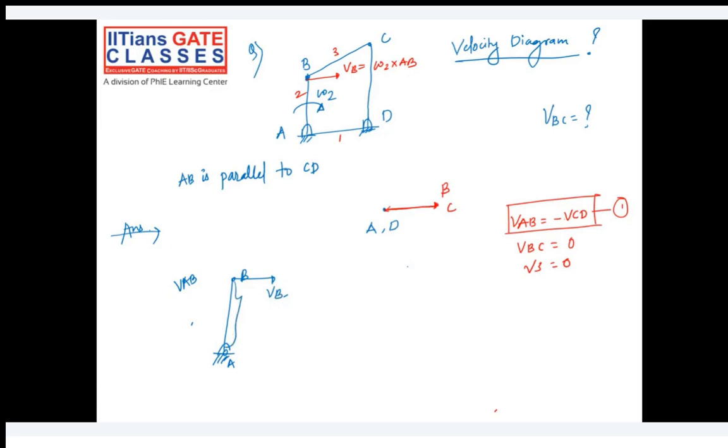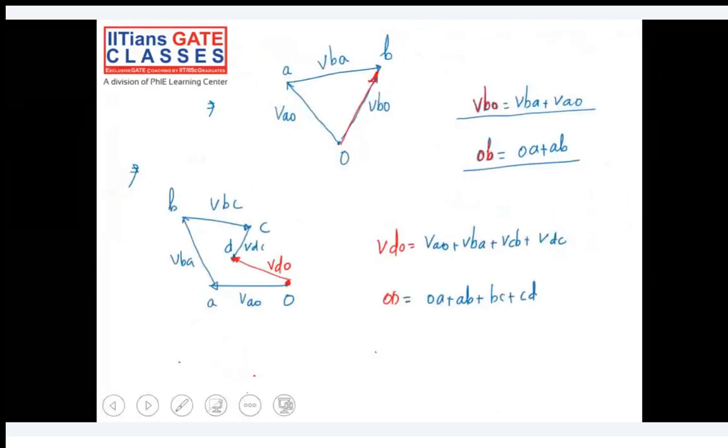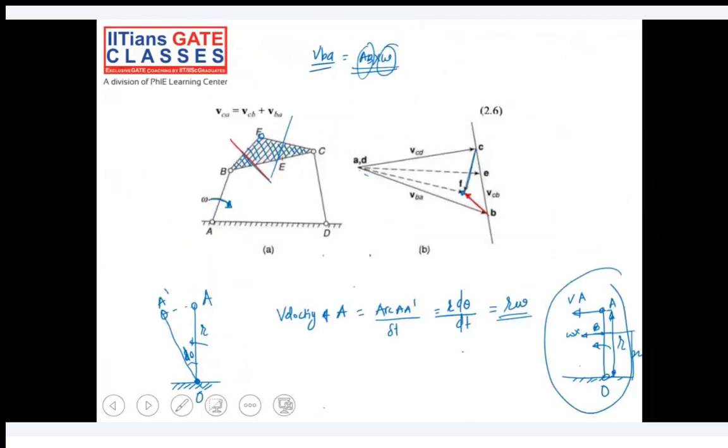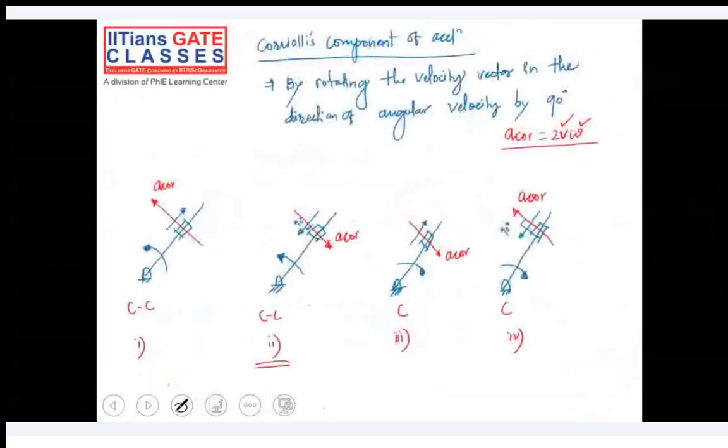Whenever we are calculating any velocity, for example here, this r omega is the velocity of point A with respect to point O, right? So same thing here, we are calculating the velocity at point C with respect to B.